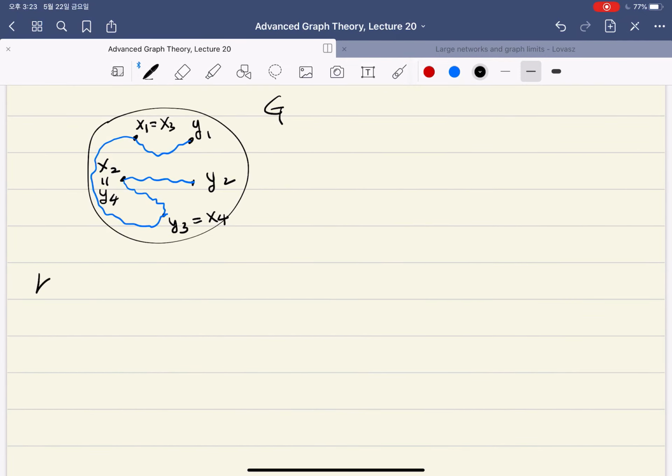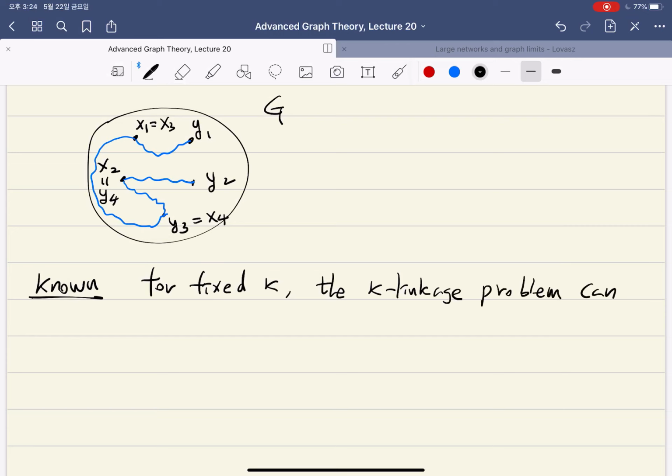So it's known that for fixed K, the K-linkage problem can be solved in polynomial time. Let's write it this way. So in G, we want to find the K linkage.